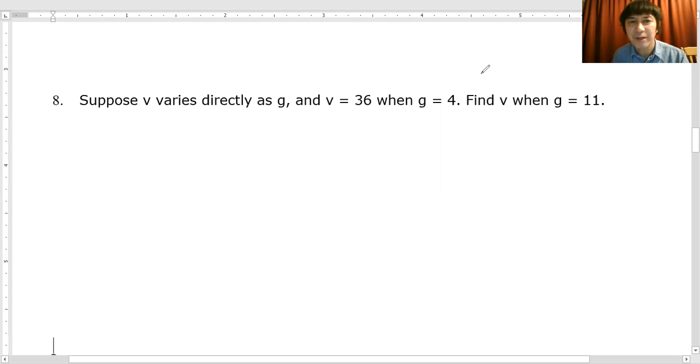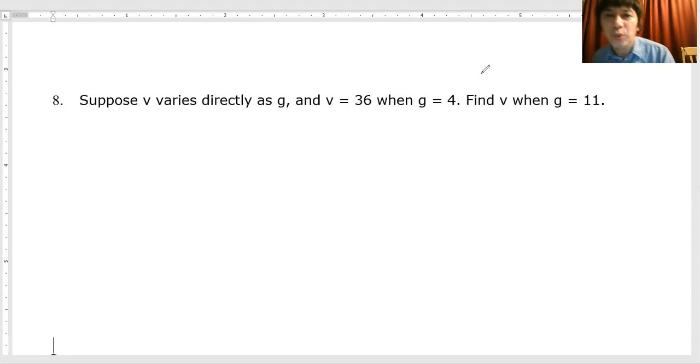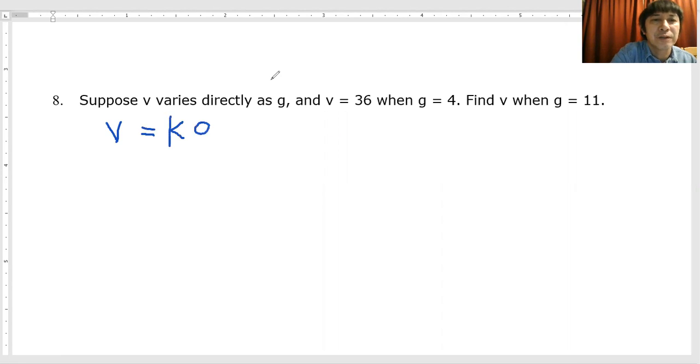Suppose V varies directly as G, and V is 36 when G equals 4. Find V when G equals 11. All right, let's do it. Suppose V varies directly as G, and V is 36 when G equals 4.